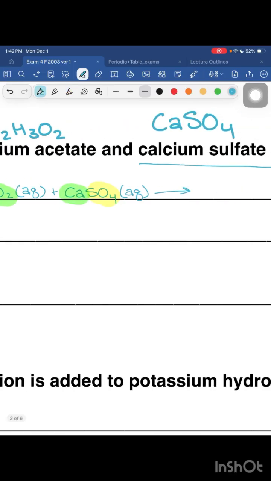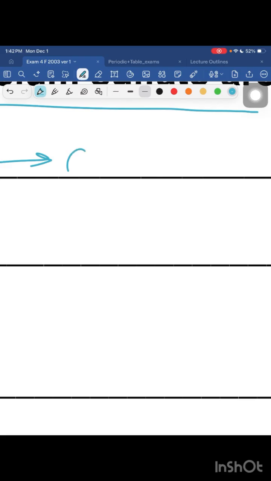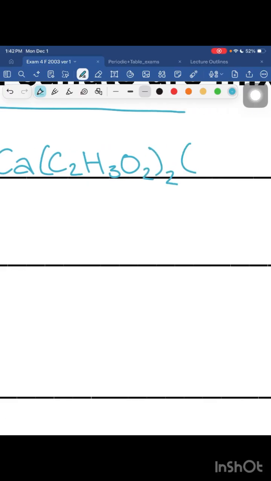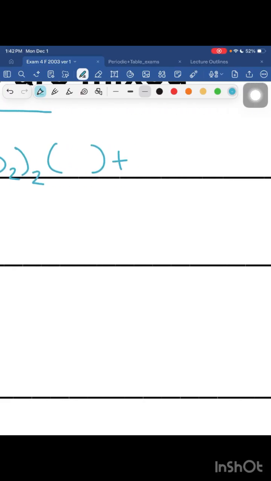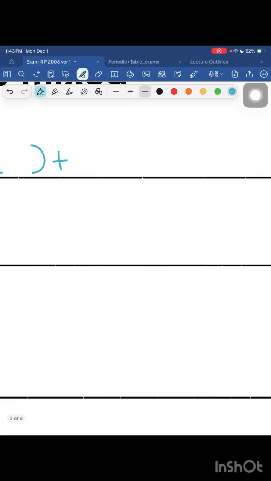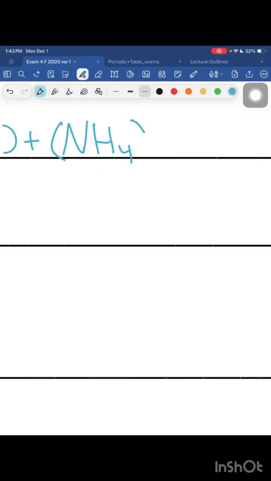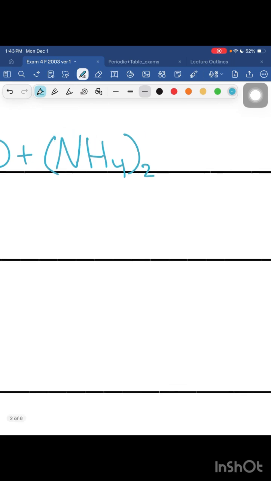So when we rewrite this, we have calcium acetate plus ammonium sulfate. So we're going to have 2 ammoniums, and then we have SO4.